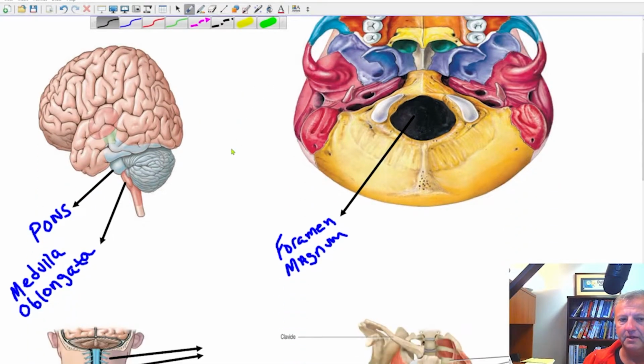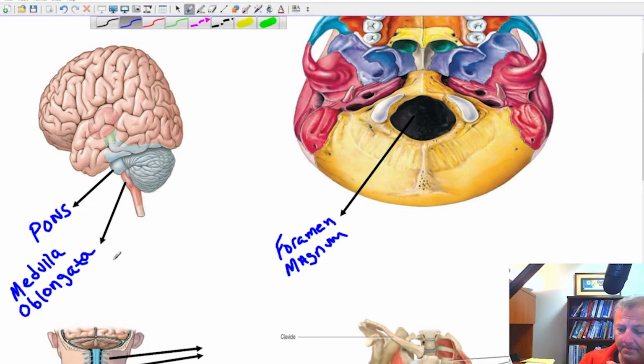Let's move this up a little bit. All right, so remember, this is the pons right here, right? And just below the pons, we have the medulla oblongata, right? And I think most of you know this, so I don't mean to bore you with this, but we have to talk about this for me to bring out the point here.